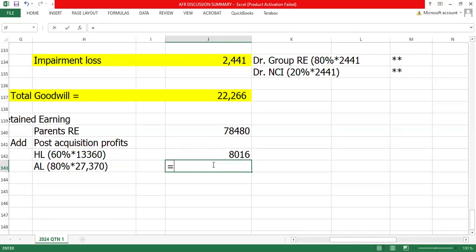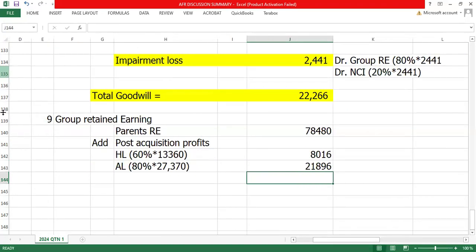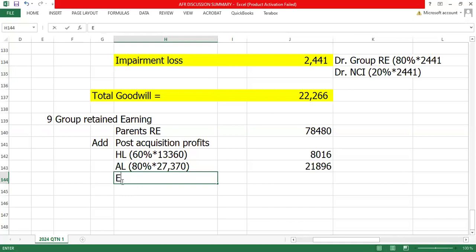Then here, it is 8016 times 27 at 370. Then next, what else do we do? Do we have anything to add? Do we have a gain somewhere? We had a gain, the forex exchange.